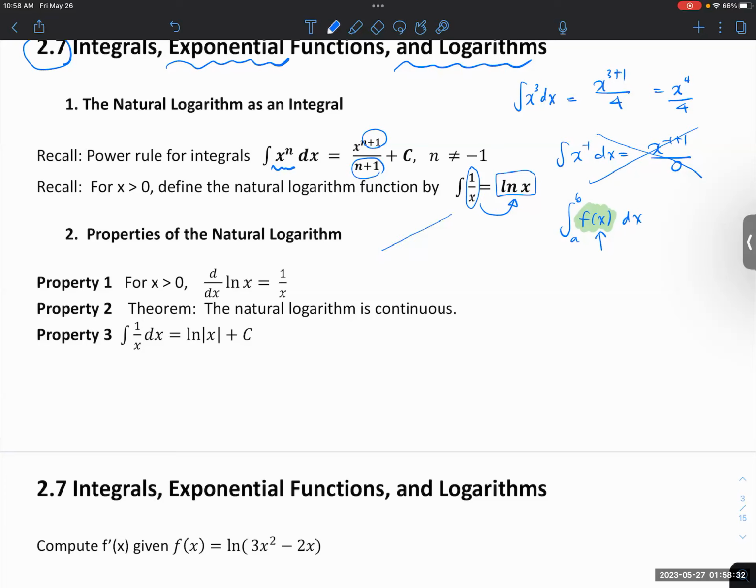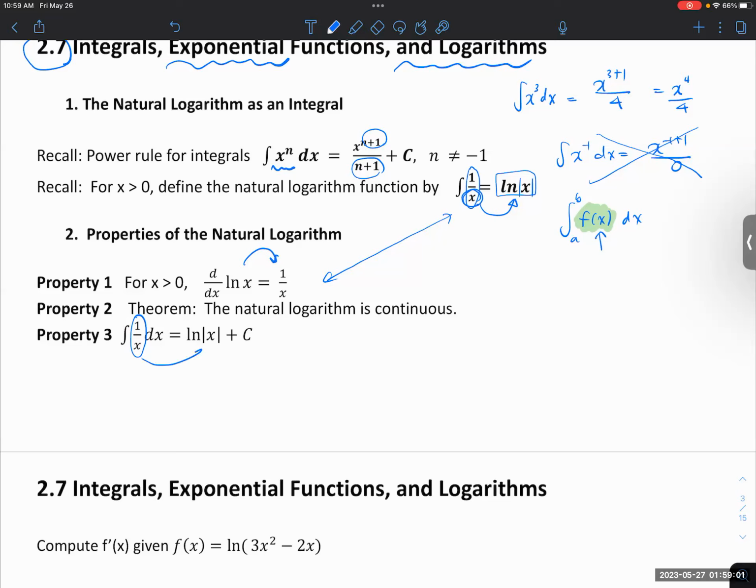We know that the integral of 1 over x is going to be ln x. If you go back and forth, derivative and integral have an opposite relationship. So if you differentiate ln x, you will go back to 1 over x. This is so obvious. One thing: if you take the integral, since we don't know whether x is positive or negative, more specifically there should be an absolute value.